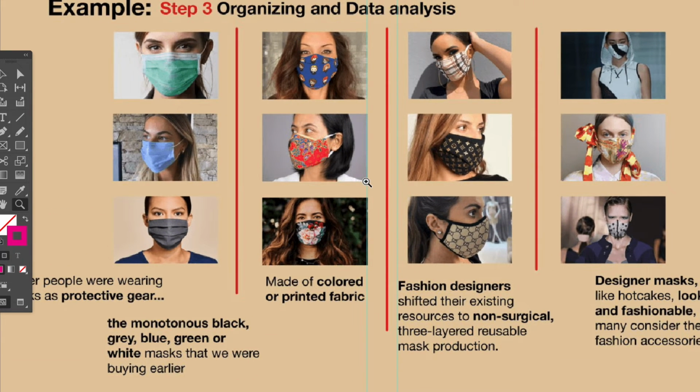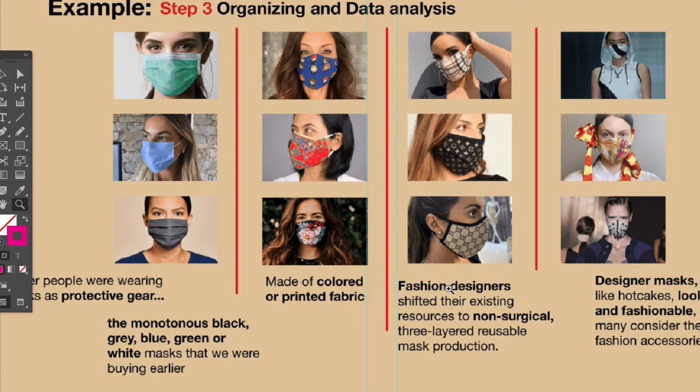I categorized medical masks as one category, then ramp walk or fashion as another category. Then I made a third category, which is luxury fashion brands coming up with masks, and another category which goes beyond boring, monotone color: you break away from being monotone to a patterned or colorful mask.